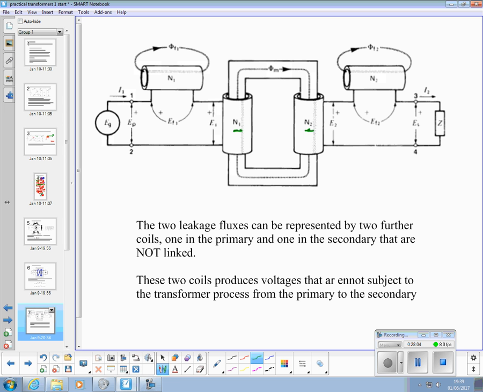We're taking the leakage flux away from this coil and representing that as another coil in series. So the two leakage fluxes are represented by two further coils, one in the primary, one in the secondary, that are not linked. These two coils produce voltages that are not subject to the transformer process from the primary to secondary. So they're like losses that don't get transferred from one side to the other. So the voltage that's dropped across this never gets across to this side. It's not linked.